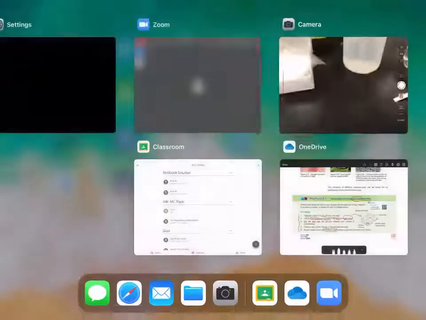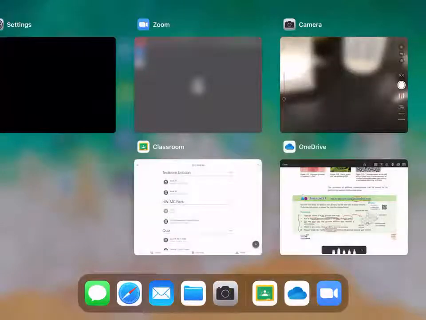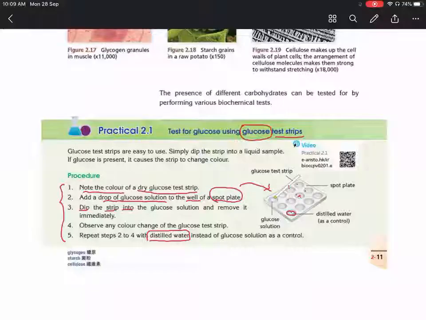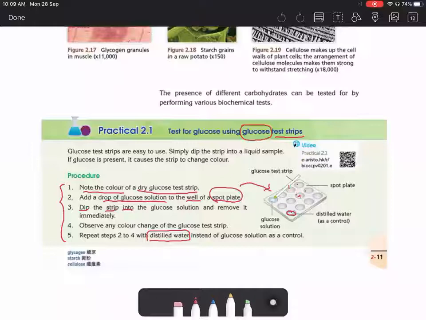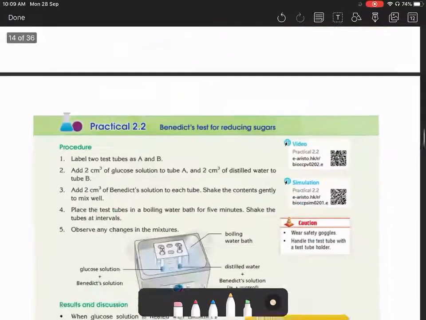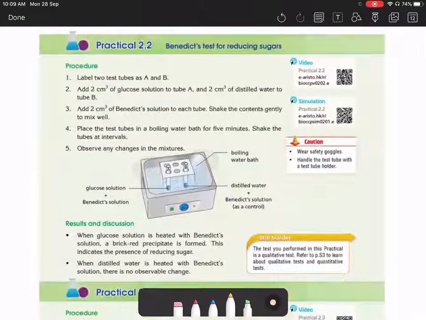Okay? Next, we know that there is color change. Next, we go to another test. Turn to page 12. I can tell you that this one is a bit complicated. And we test for reducing sugar.